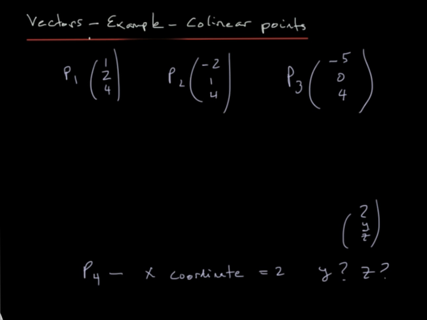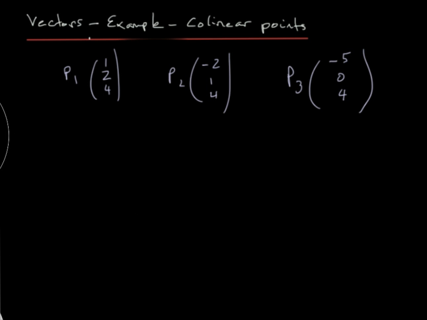And they ask us to find y and z, given that P4 is also collinear with these three. Okay, but before we do that, we need to prove that these three here are collinear. So let's do that, and then we'll go to the P4 part.